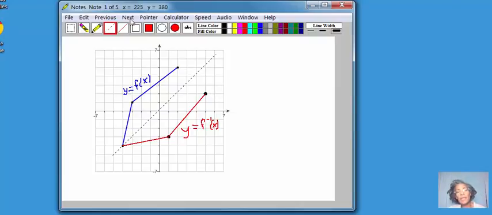So here's my line y = x, and that actually serves as my mirror. So y equal to x is my mirror. And the function and its inverse are reflections of each other about that mirror.